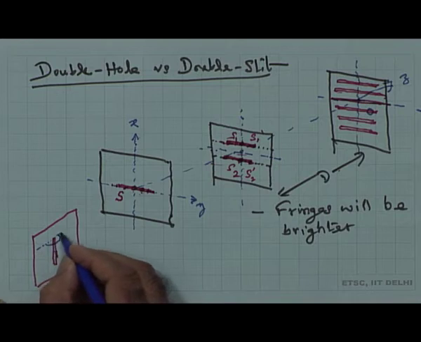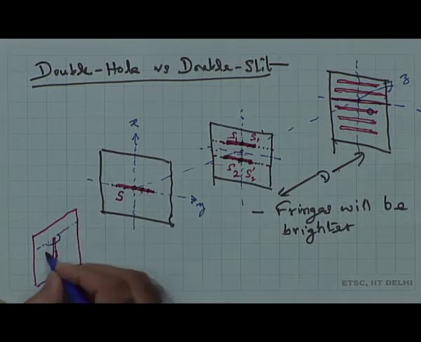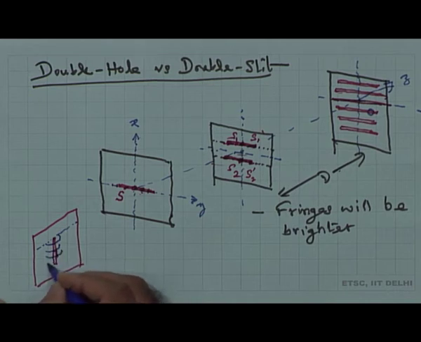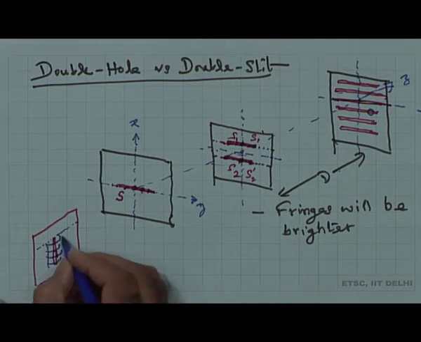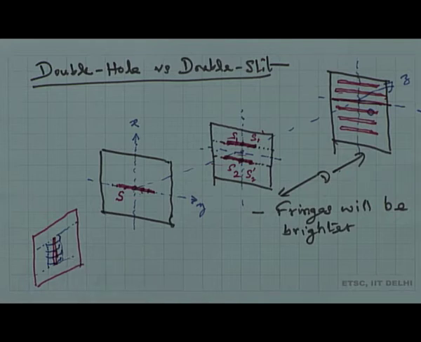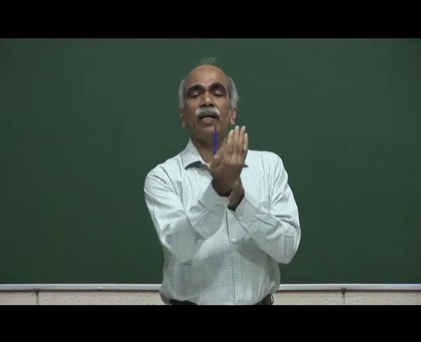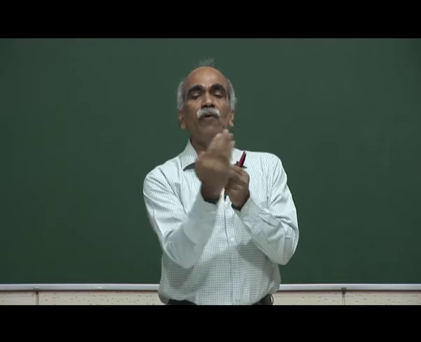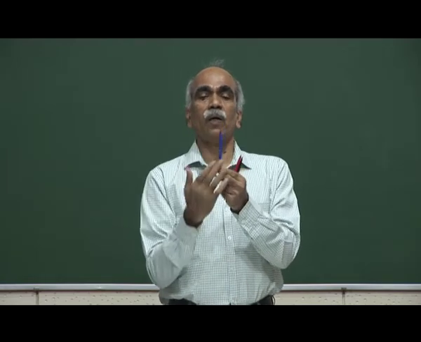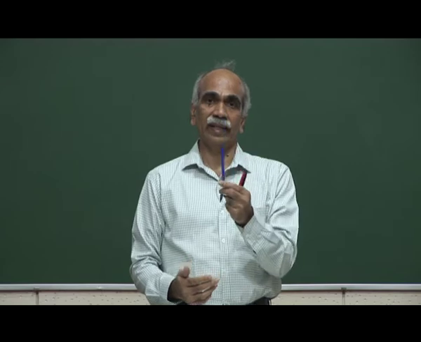So, this is on the plane. If you have a long slit, then this is a cylindrical wave coming out. Whether we have a horizontal slit like this, or a vertical slit like this, we will have cylindrical waves coming. So, the wavefront will be cylindrical because of the long slit.